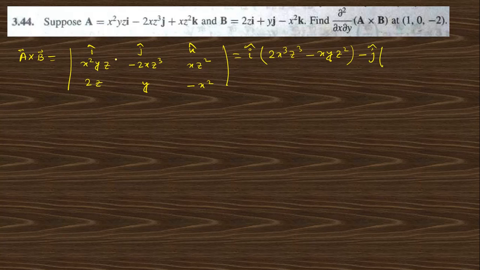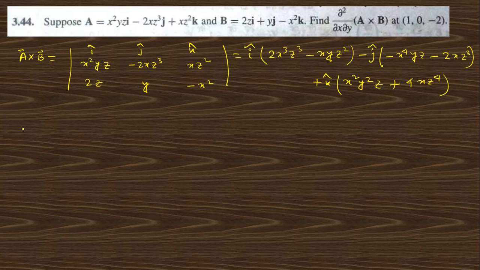Minus j cap, the product is minus x to the power 4 yz, minus this product becomes 2xz cubed. Plus k cap, this is x squared y squared z, and this is plus 4xz to the power 4. Okay, this is a cross b.